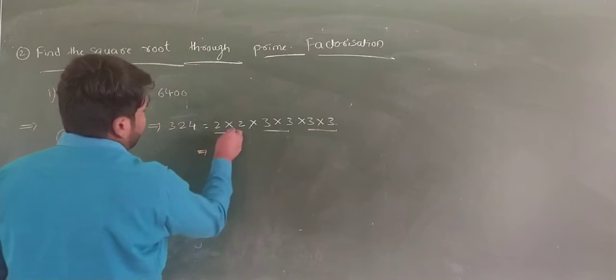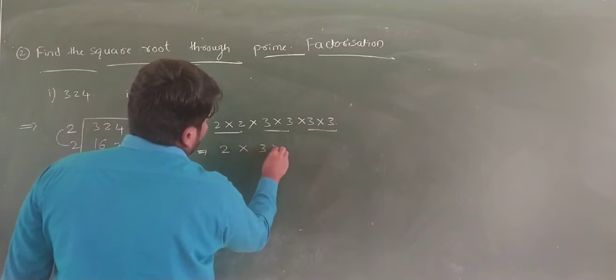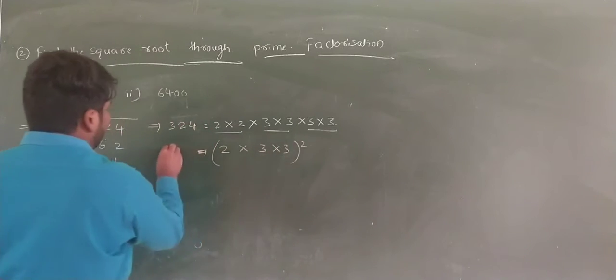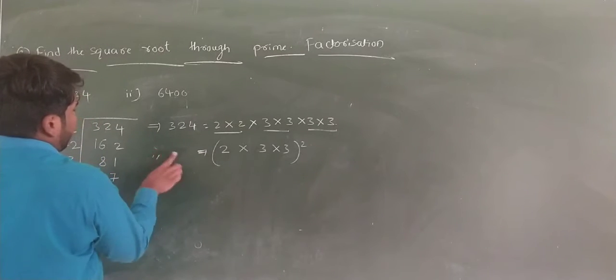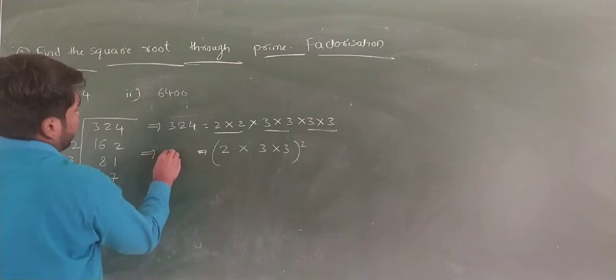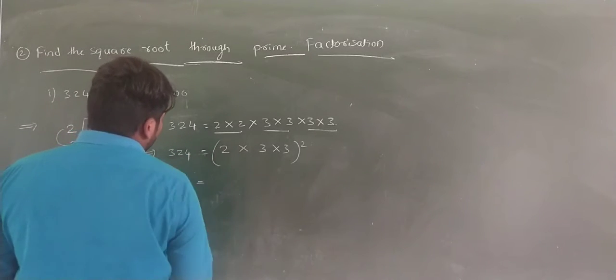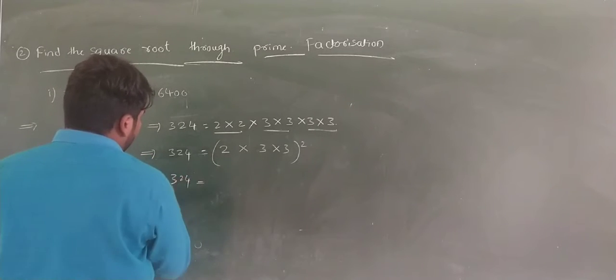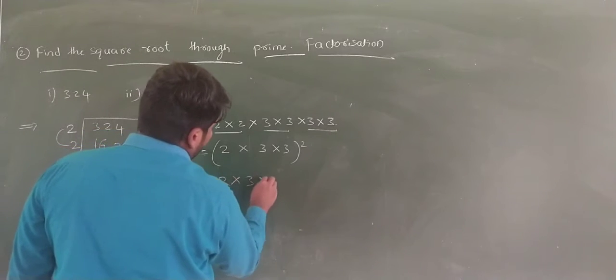From these pairs write only 1, so 2 into 3 into 3, whose whole square is 324. So 324 is equal to, I will make the root and just write the remaining terms, 2 into 3 into 3.